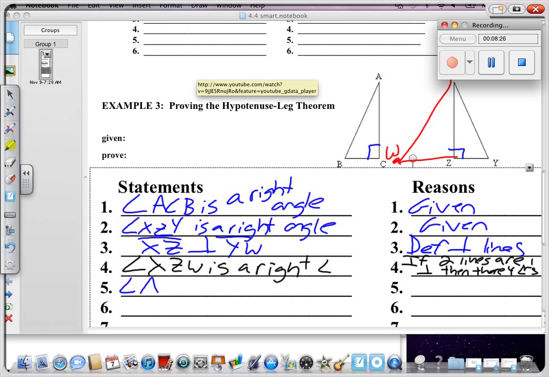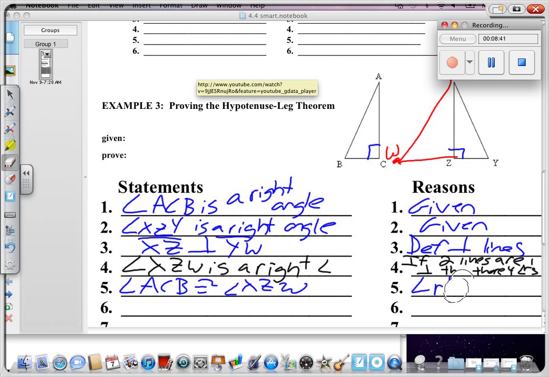Angle ACB is then congruent to XZW because if two angles are right angles, they are congruent to each other. We call that right angle congruence. I'm going to shorten that by saying, here's an angle, here's the R in it, right angle congruence. Everybody get that?